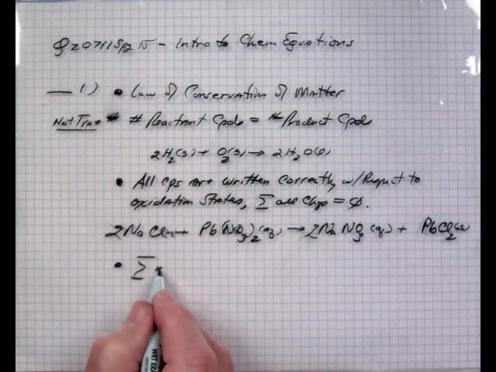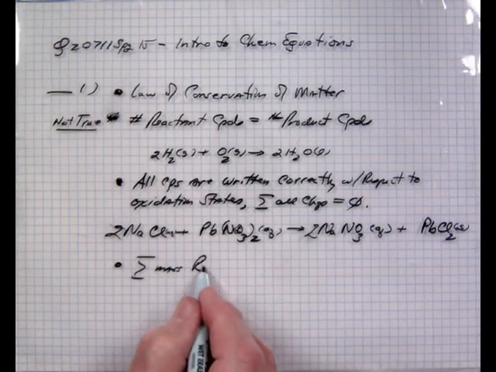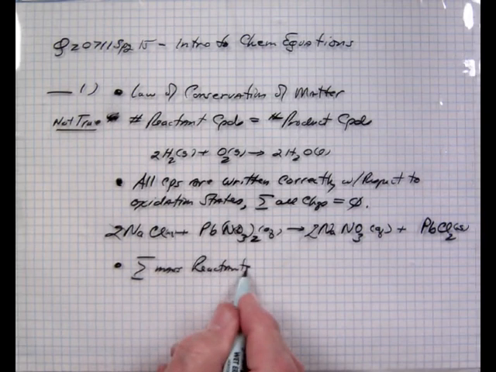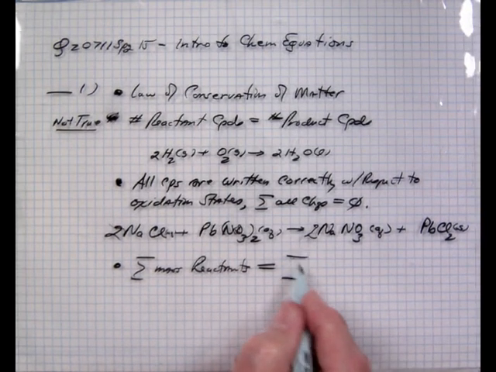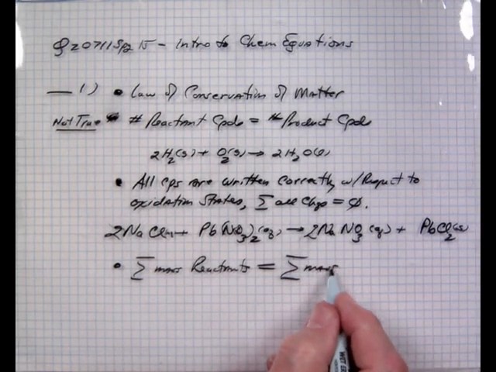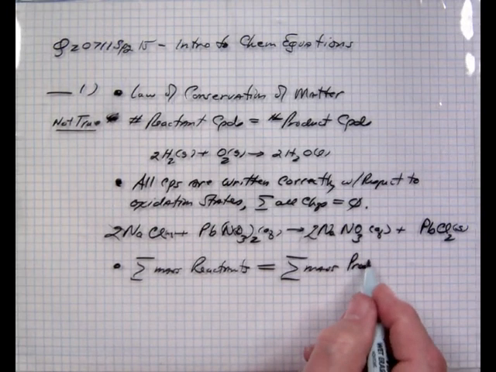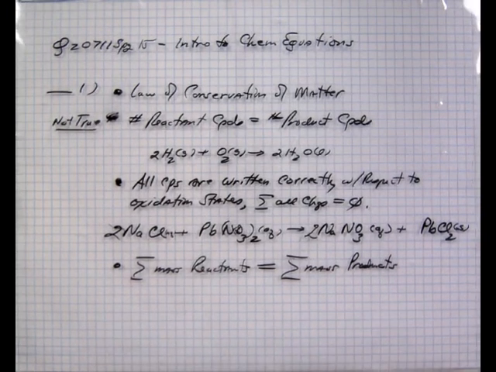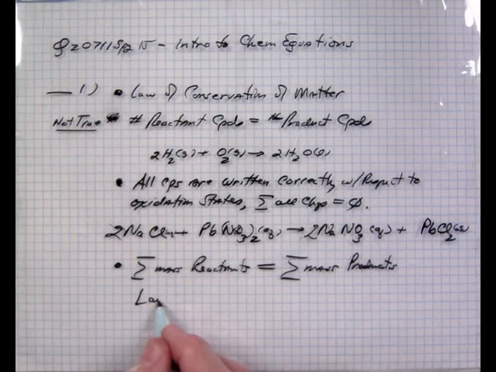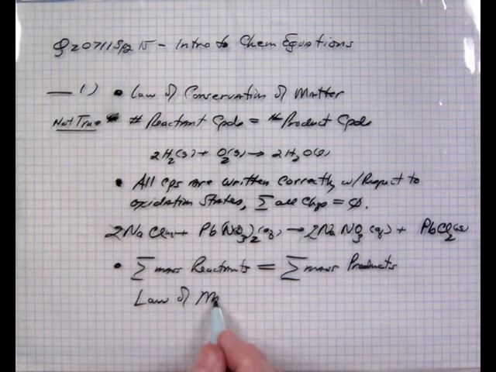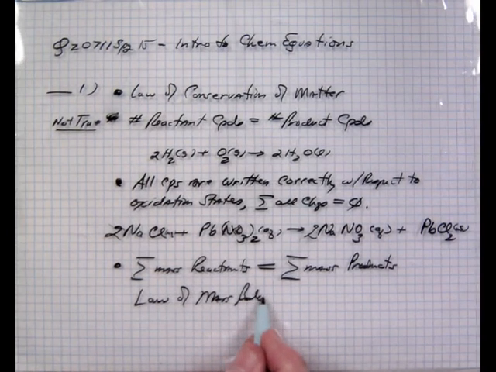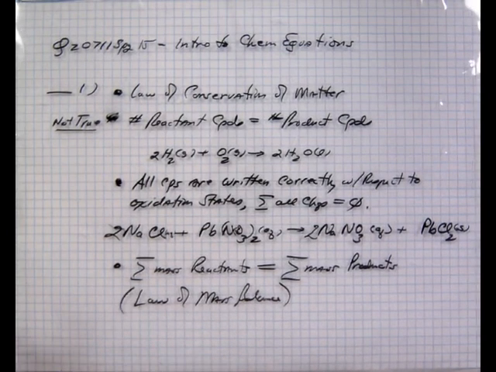Sum of the mass of reactants, I assume they're written correctly, equals sum mass of products. Is that true? Yes. It's absolutely true. That is the law of mass balance. Matter is neither created nor destroyed.